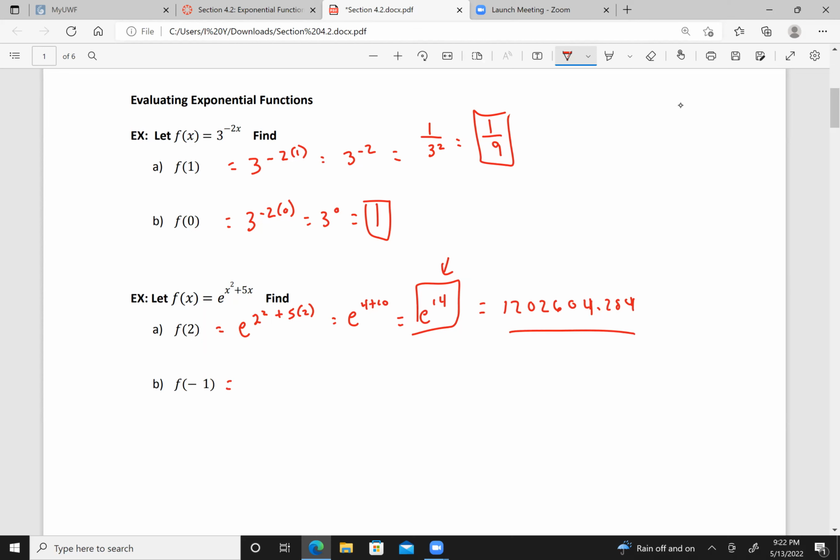Okay, so now we have f of negative 1. So I have e to the negative 1 squared plus 5 times negative 1, which is e to the 1 minus 5, which is e to the negative 4, which would be 1 over e to the 4.